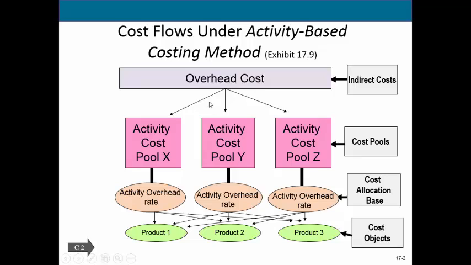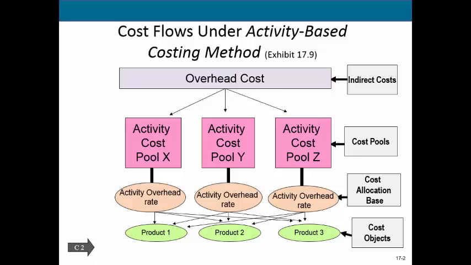Now with activity-based costing, you can see here we have three activity cost pools, and I'll specify exactly what I mean by a cost pool as we move forward. We could have 4 cost pools, we could have 5 or 6 or so on. So that's what makes activity-based costing more complex, because the more activities you have, the more complex it is to keep track of all your proper information, because you have to determine how much overhead goes to each activity or each activity cost pool.